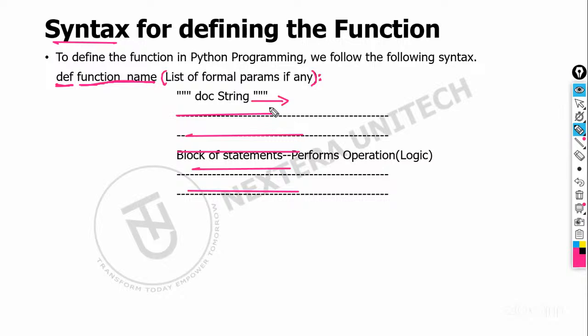Whenever a third person enters the picture, if he or she goes through this docstring, also called documentation string, it helps them quickly understand the functionality of the function.